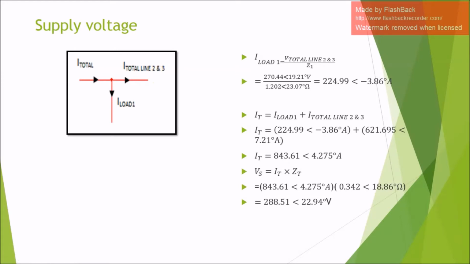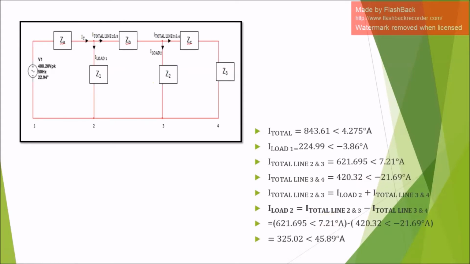The voltage supply can be obtained by multiplying current total with Z total. So we obtain the voltage supply. So this overall circuit that we analyze each current using KCL and obtain the current at each line and at each load.